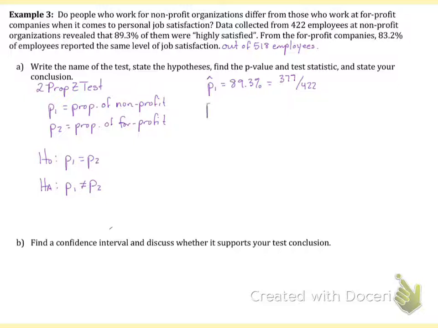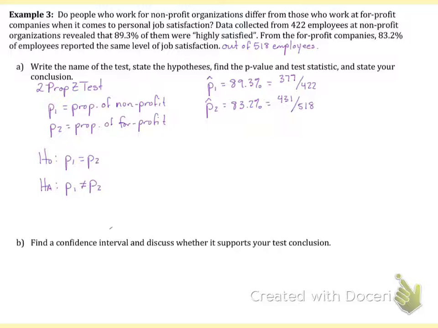And I'm going to do the same thing for P2. So this is the sample of for-profit companies. And again, I'm going to take 0.832 and multiply it by the n, which is 518, so that I know that 83.2% is equivalent to 431 out of 518.